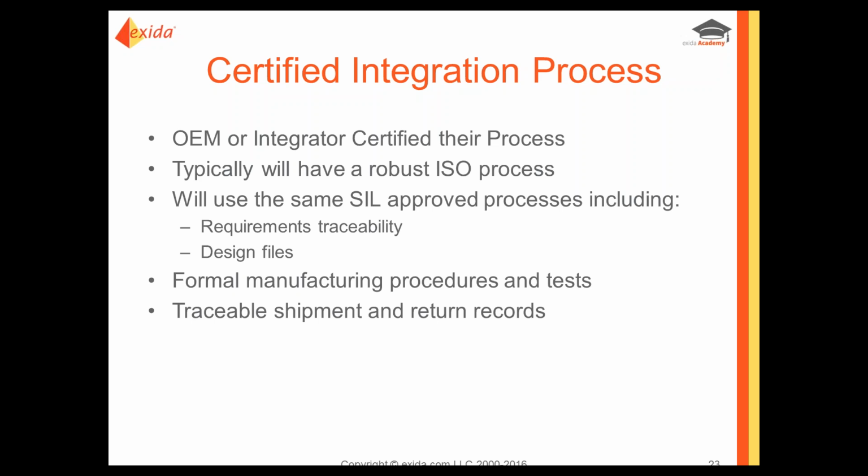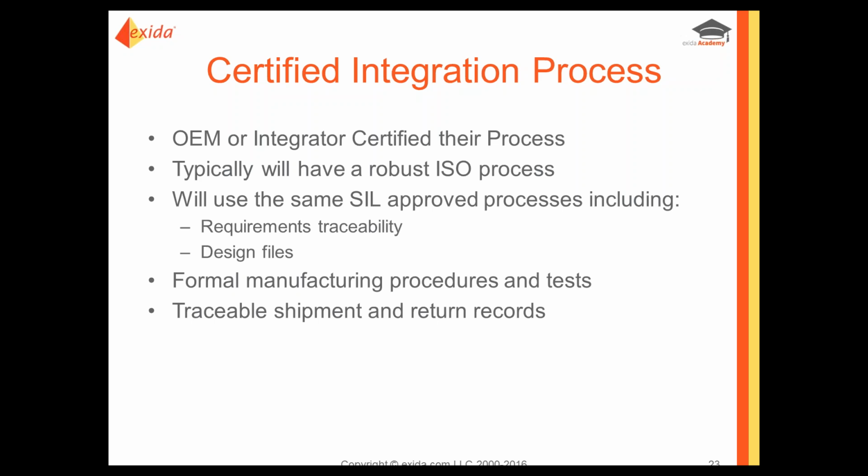Typically, those OEMs or integrators who are already doing 61508 work are going to have a robust ISO process. They're going to have procedures that already meet the requirements of IEC 61508, including requirements traceability and design files, the finite element analysis and that type of design analysis that I laid out earlier.